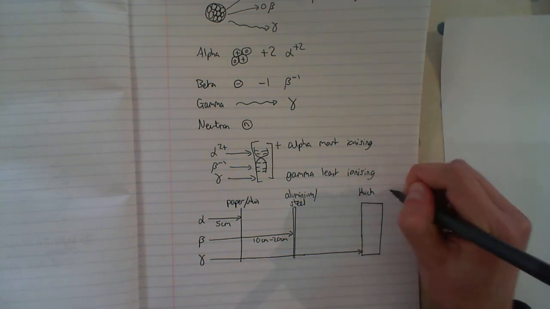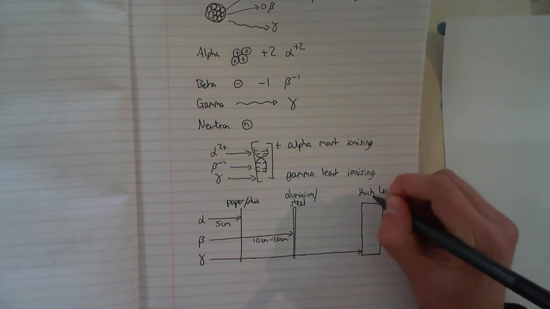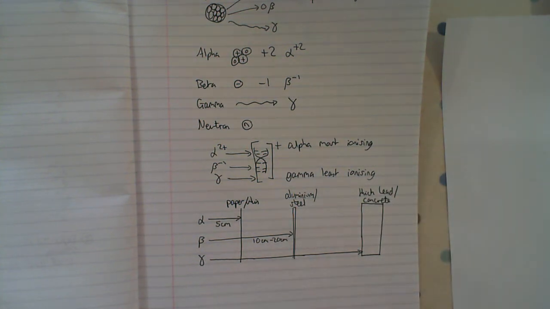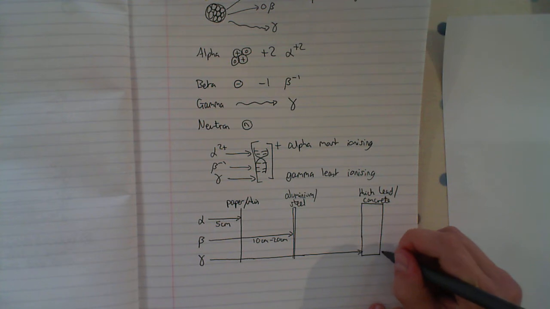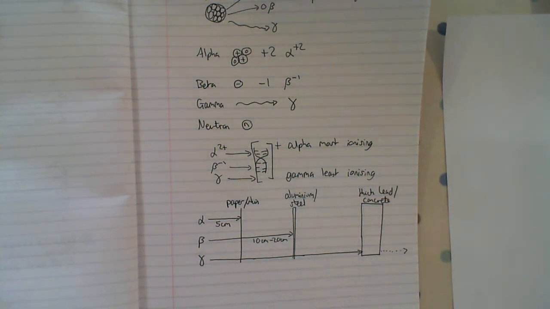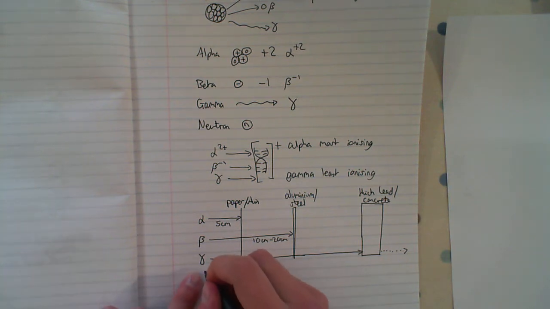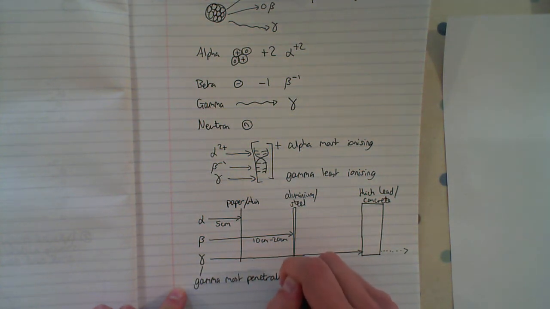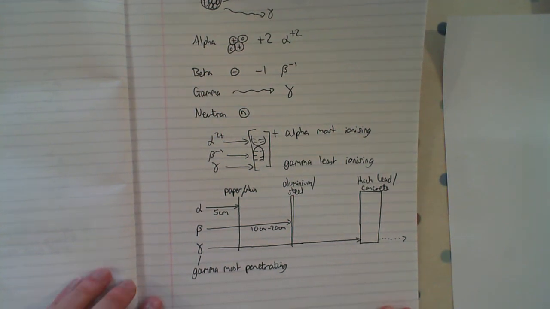So thick lead, concrete, that's what gamma cannot penetrate, and even then we might still get a little bit penetrating through. So gamma is the most penetrating, alpha is the least penetrating.